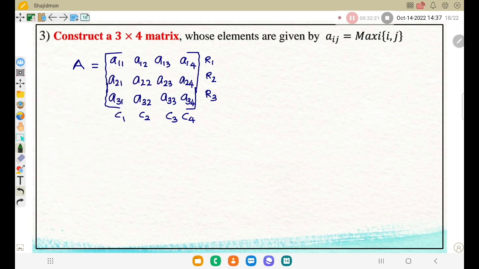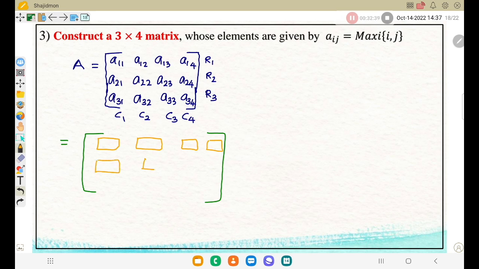So equals the matrix. You know how many numbers we need to calculate? 3 multiply 4, 12 numbers. First row we have 4 numbers. Second row also we need to calculate the 4 numbers. Third row also we need to calculate the 4 numbers here, correct? So we will go one by one.